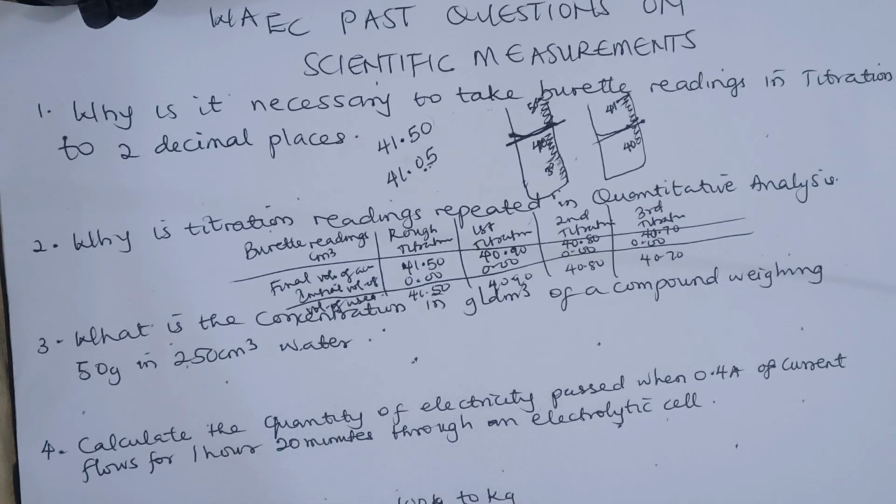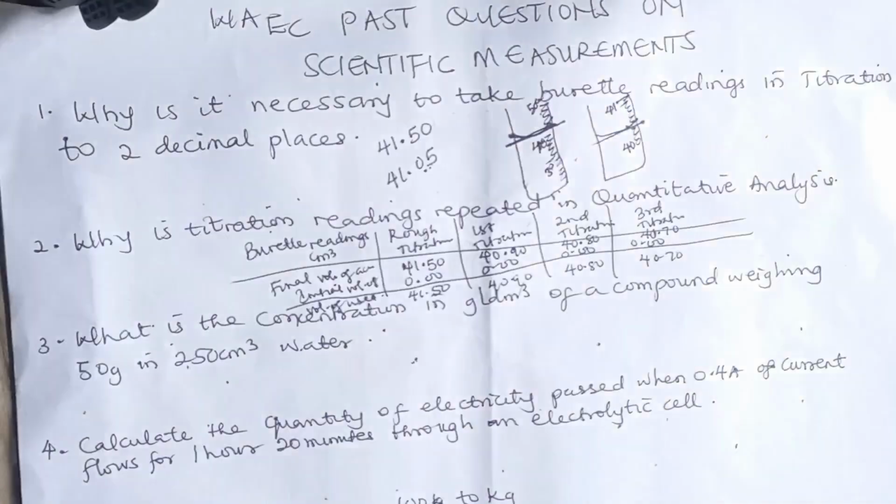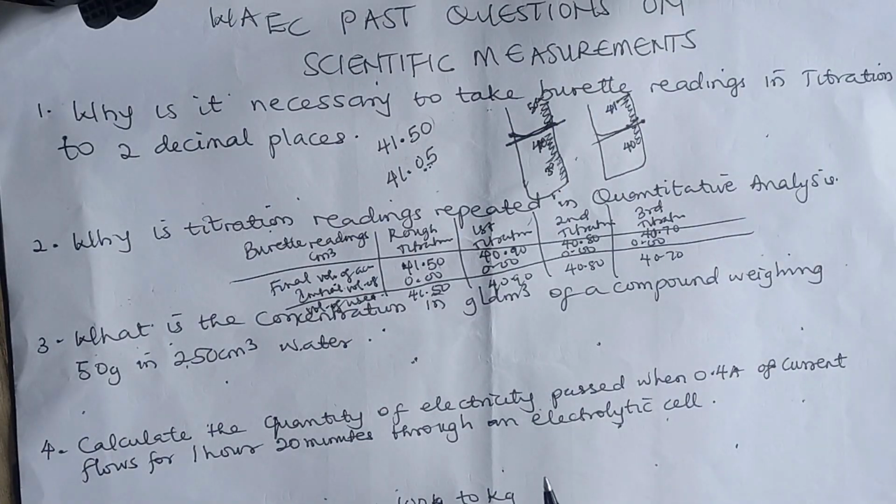What is the concentration in gram per dm cube of a compound weighing 50 gram in 250 cm cube water? What is the concentration in gram per dm cube? That's the next question.